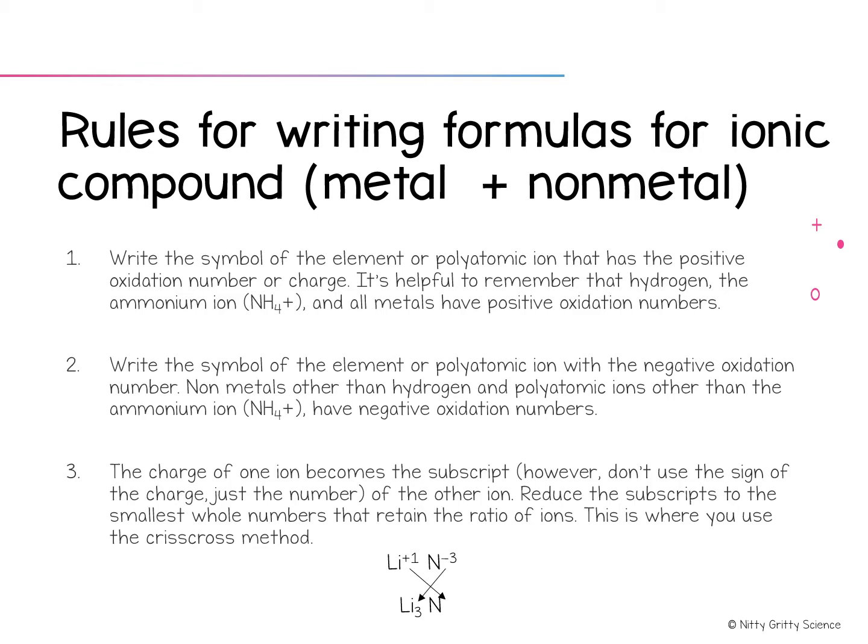So make sure to reduce the subscripts to the smallest whole numbers that retain the ratio of the ions. This is where you're going to use the crisscross method. Remember, if the oxidation number is a +1 or -1, and you cross that down as the subscript for the other element, you do not need to write the number 1.